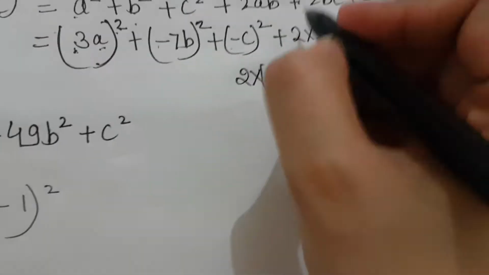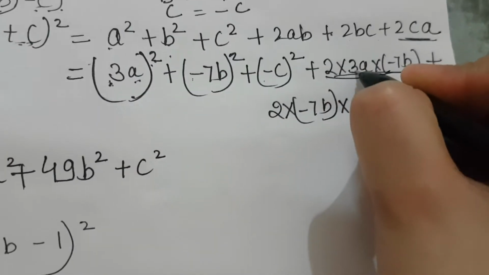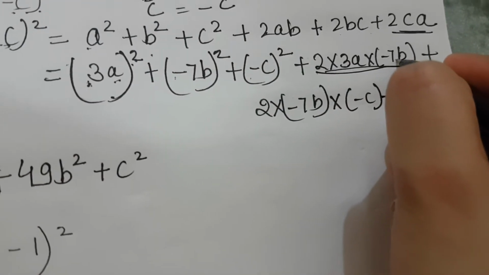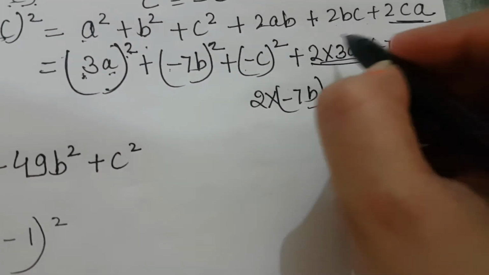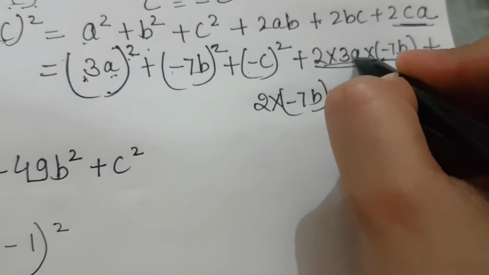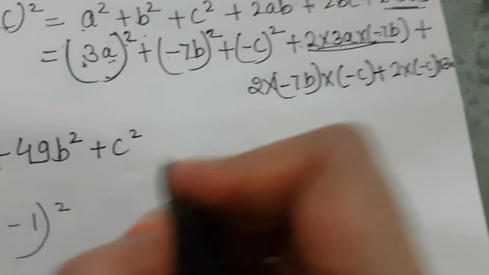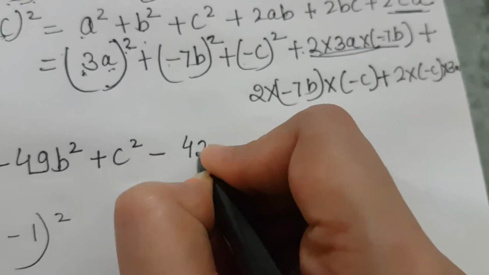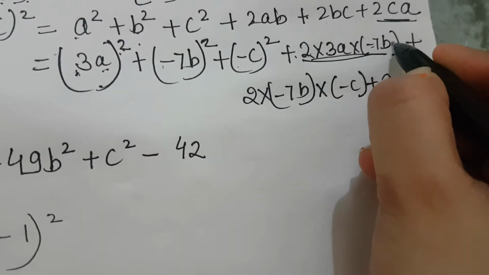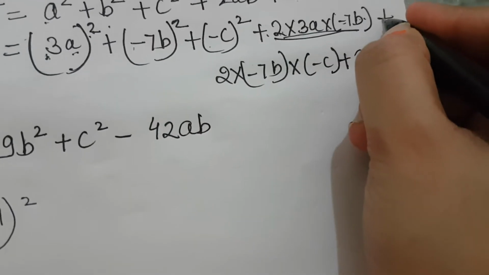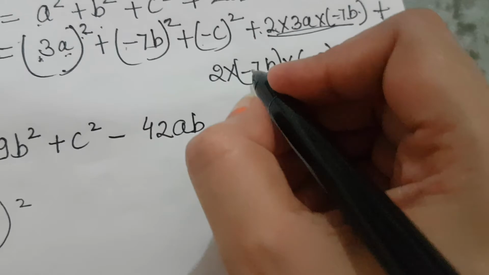Now calculate this. 2 into 3 is 6, 6 into 7 is 42, and plus minus minus, so minus 42. First multiply constants, then variables, a into b, ab. Now plus, but before this we will see the signs.